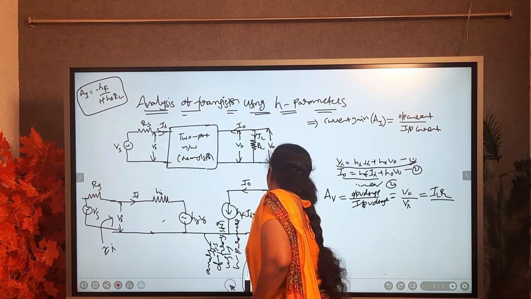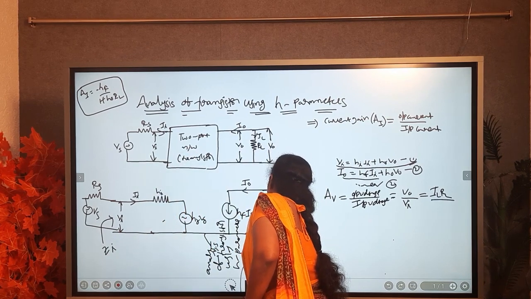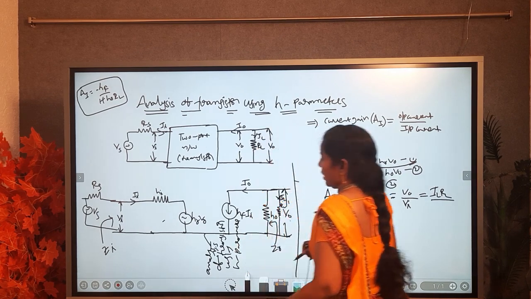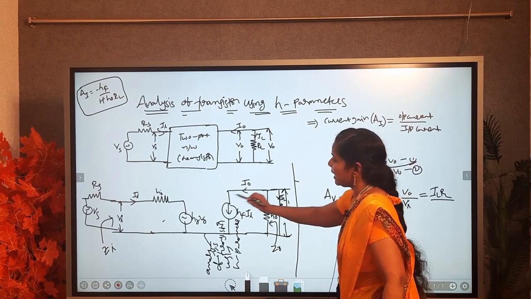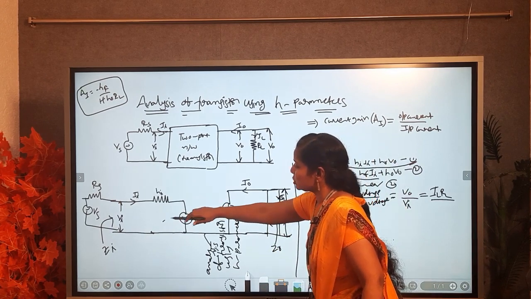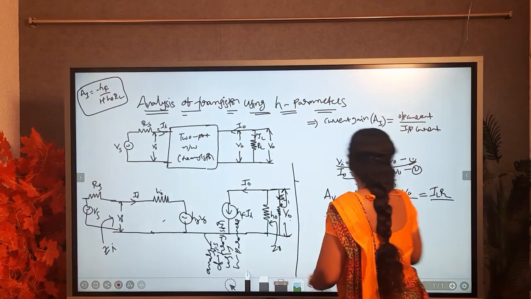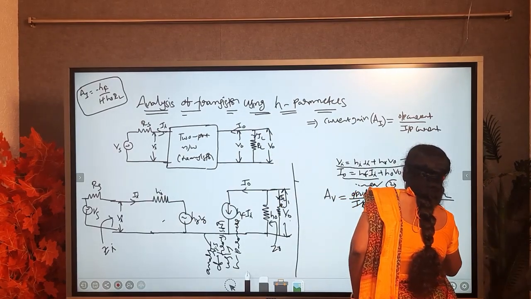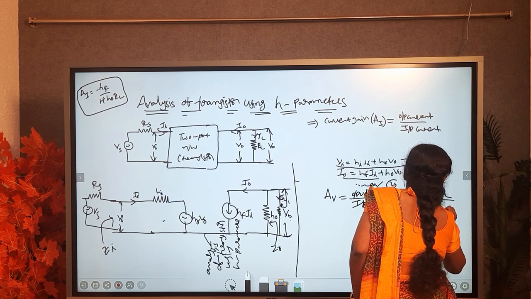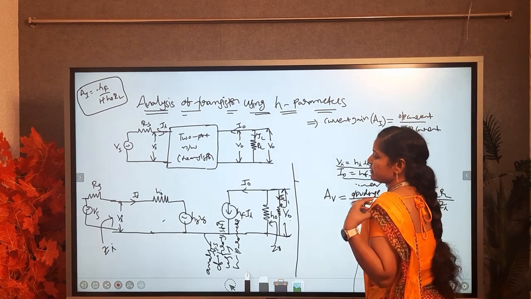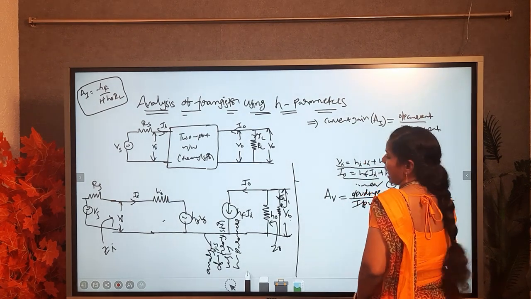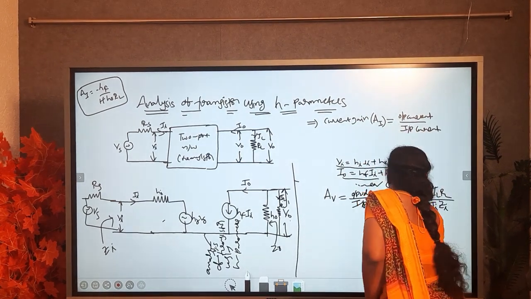In this, we are taking the output impedance, that is Z0 or Y naught. So, in that, V naught equals IL RL. Like that, VI equals II into ZI. Therefore, VI equals II into ZI or RI. The resistance and impedance are the same symbols, so you can consider RI or ZI.